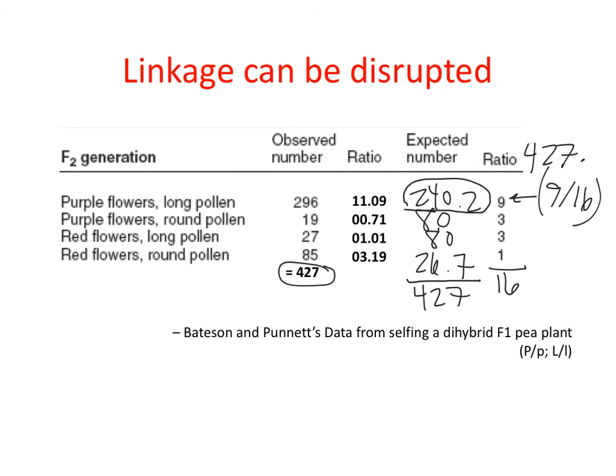Saying 95% the other, or 95% or greater chance that they are linked. So 0.05 means there's a 5% chance the null hypothesis is correct or supported. 95% chance that your guess, your expectation, is wrong. Genes are not on the same chromosome.